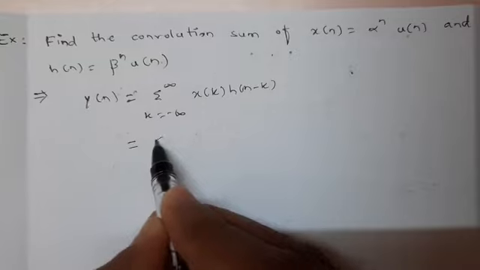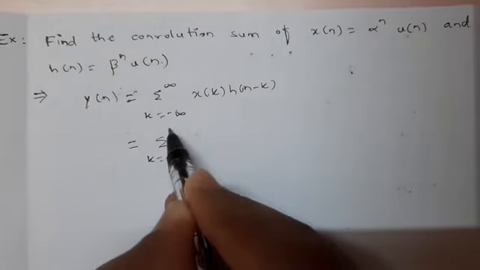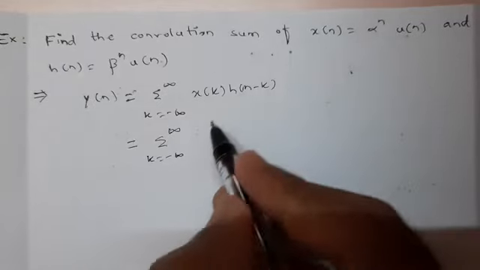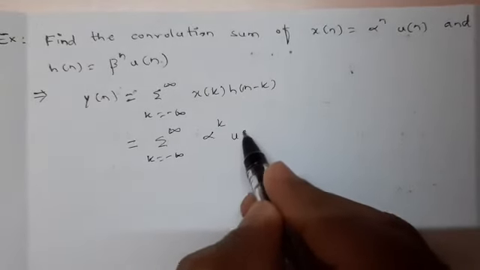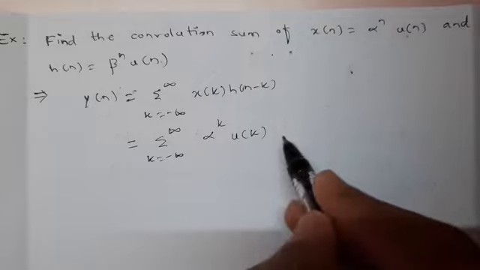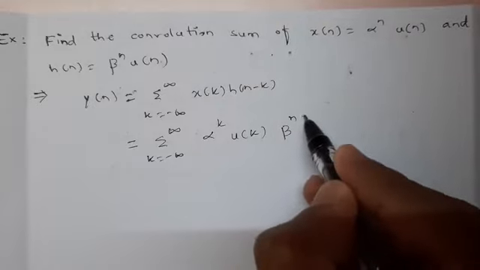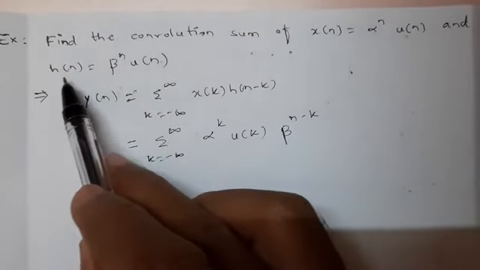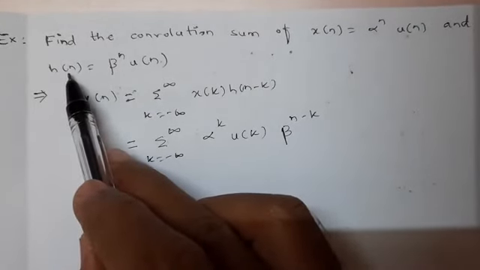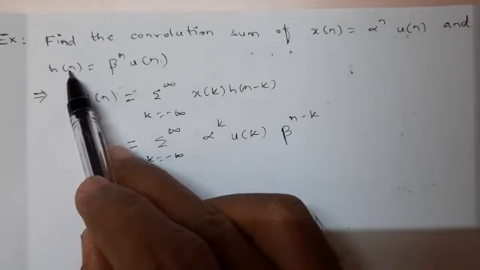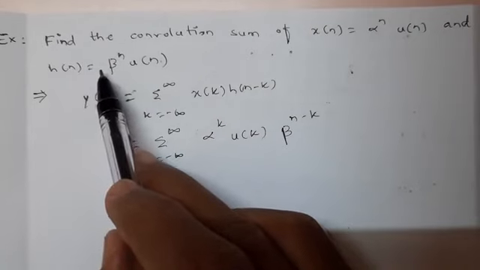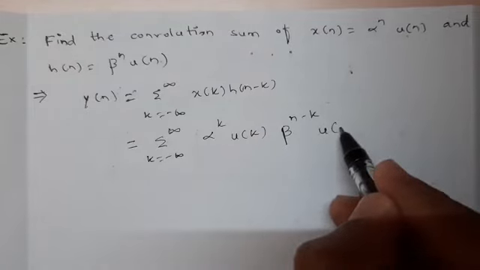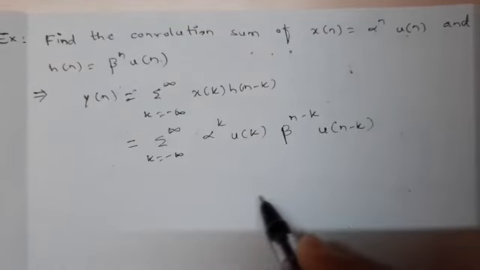So now I will write summation k equal to minus infinity to plus infinity x of k, means n is replaced by k, alpha to the power k u of k, h of n minus k, because in h of n replace n by n minus k, which is equal to beta to the power n minus k and u of n minus k.